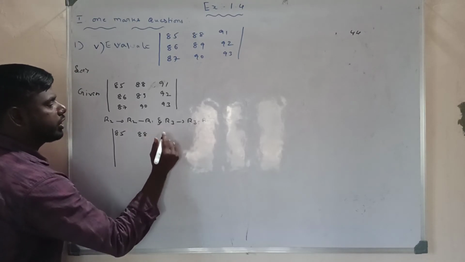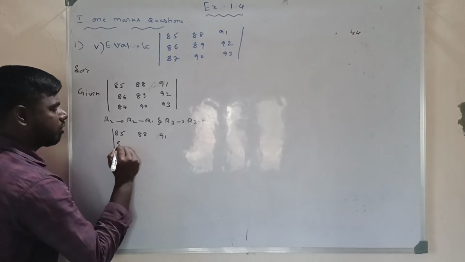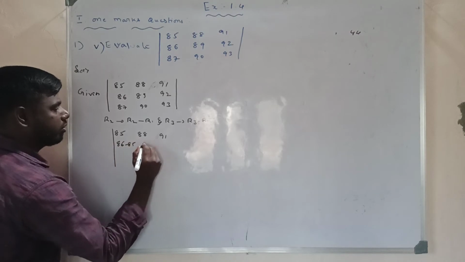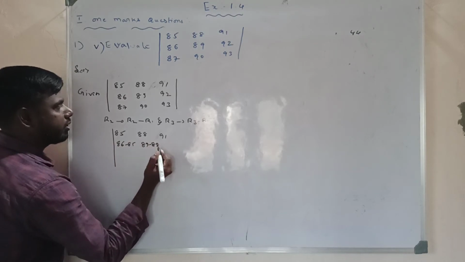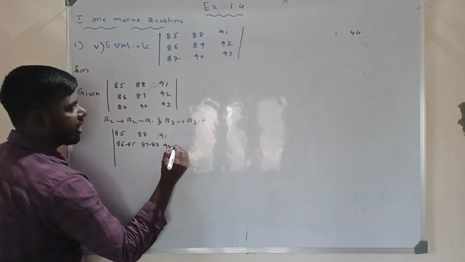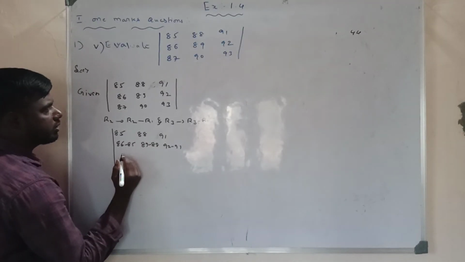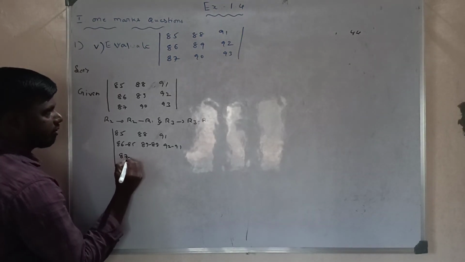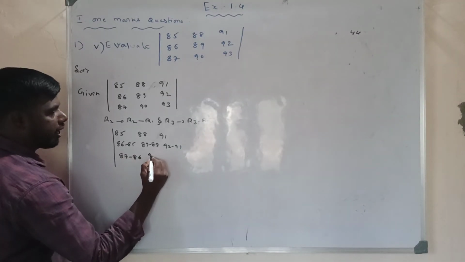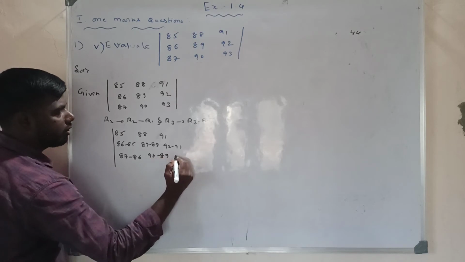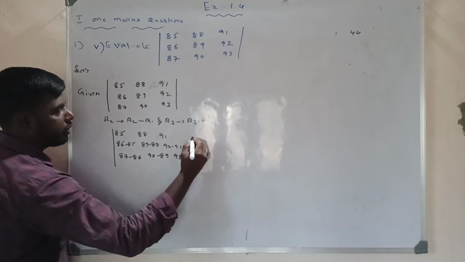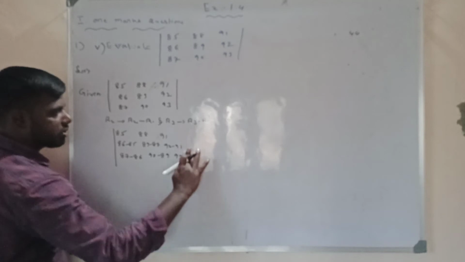Now the second row: 86 minus 85, 89 minus 88, 92 minus 91. Next R3: 87 minus 86, 90 minus 89, 93 minus 92. So simplify these values.